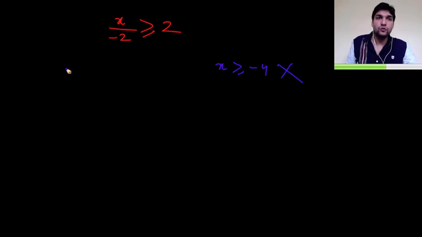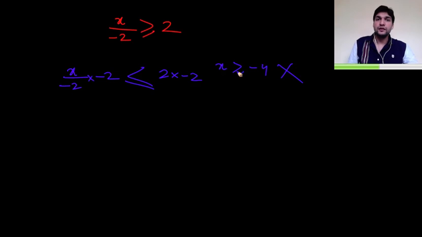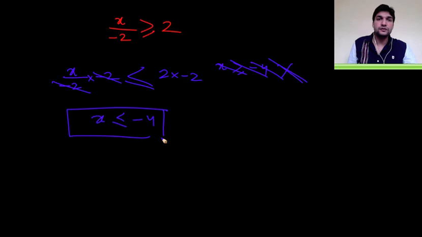So when you're multiplying with -2, x upon -2 times -2, you have to reverse your inequality, and then you can do this operation on the other side. This thing is incorrect. This is right. Then this -2 and -2 will go away, and x will be lesser than or equal to -4, and this is correct because we had a negative number with x.